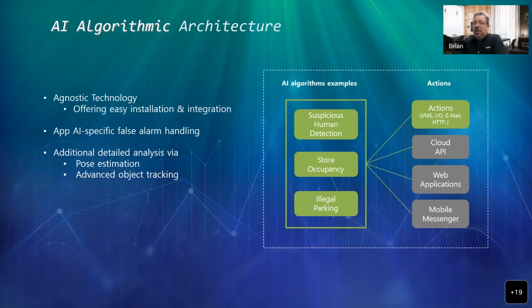In this case, the second gen AI box is introducing pose estimation, which is a fun little skeletal analytic that you'll see overlaid onto people when the analytic is overlaid onto a video, as well as advanced object tracking. And that's not related to the object on the whole as much as it is related to the object and hands or feet, limbs, how they move. So that brings advanced object tracking to another level.